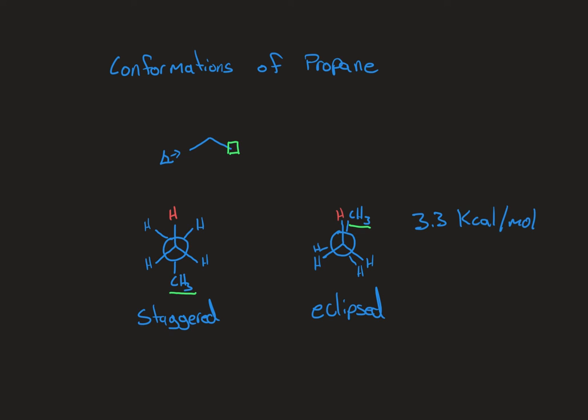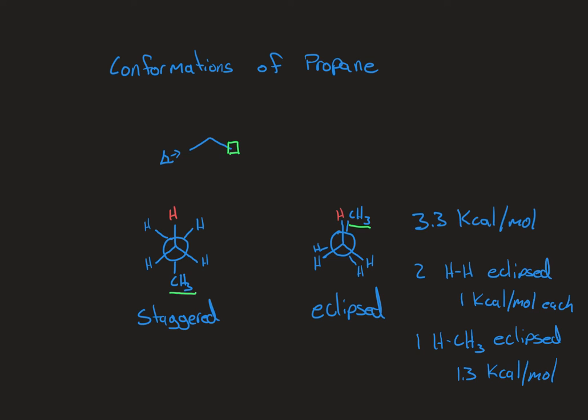And so in propane, we have two hydrogen eclipse interactions that are worth 1 kcal per mole each. And the total is 3.3. So what that tells me is that one hydrogen-CH3 eclipse interaction costs about 1.3 kcals per mole in energy.